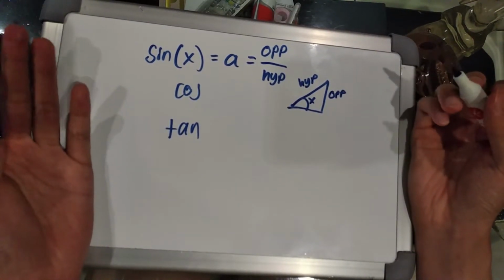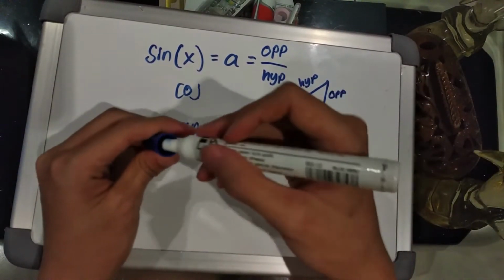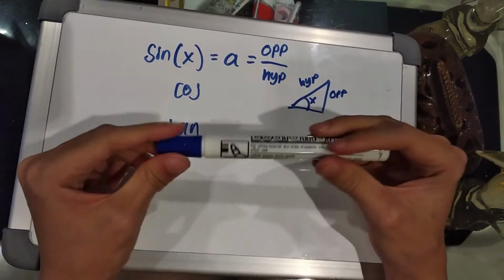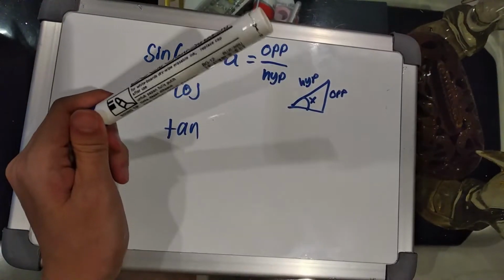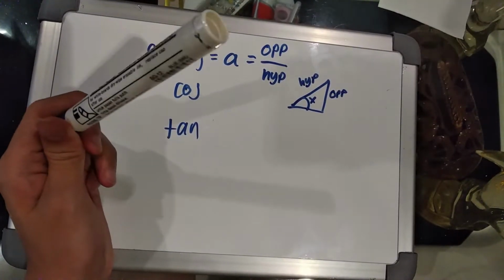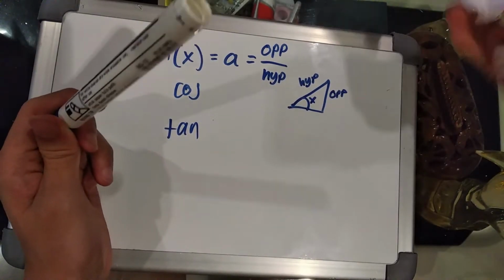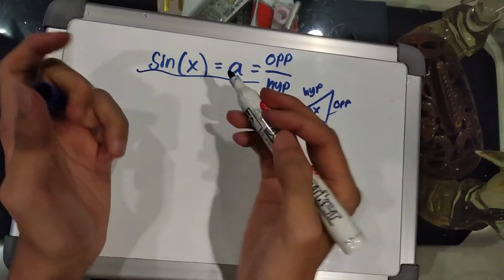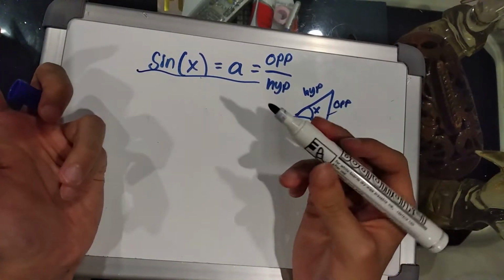Okay, how is that supposed to help? Well, let's use the example of sine for now, and let's not bother with the rest. So what does this do? How can this help us?